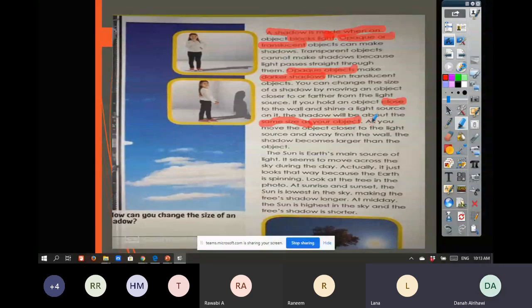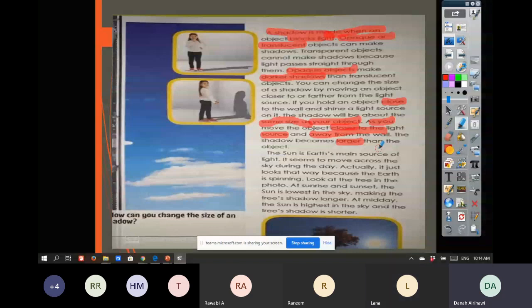But as you move the object closer to the light and away from the wall, the shadow becomes larger.